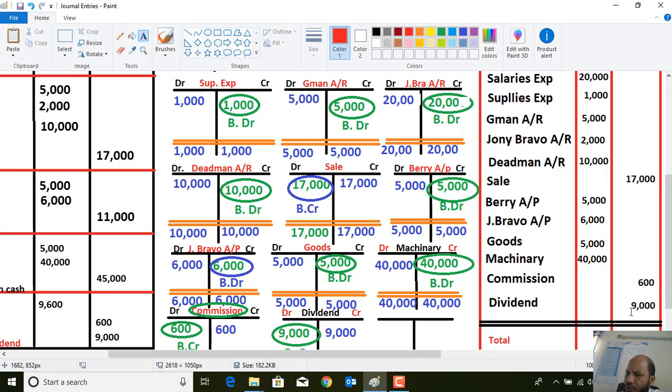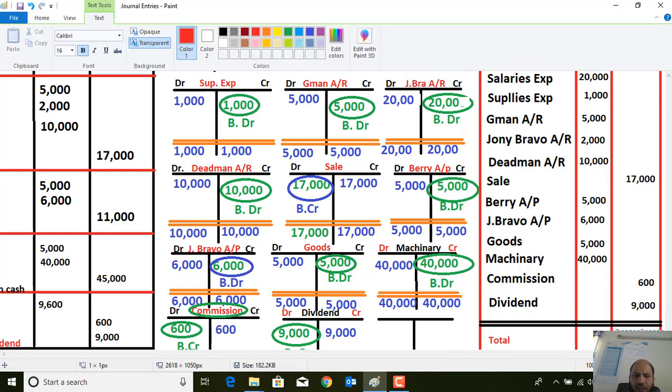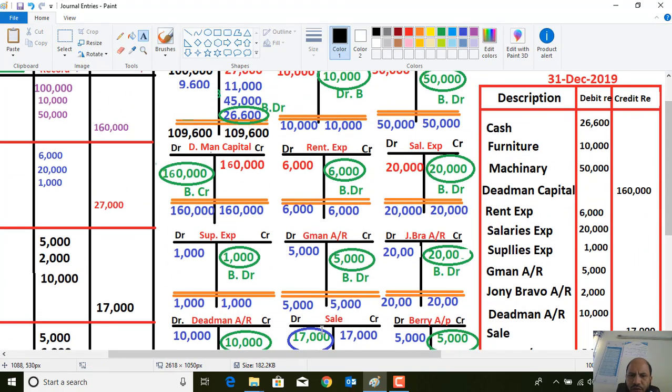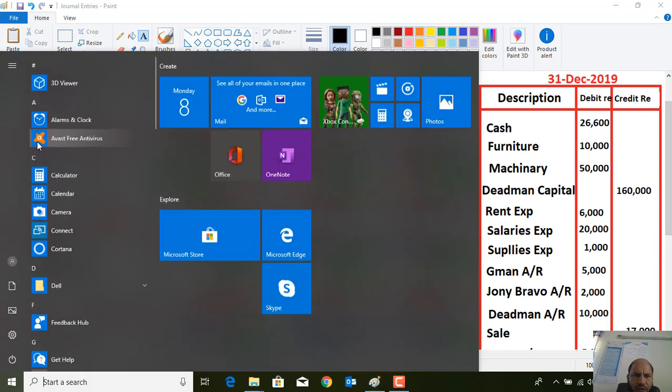So this is equal to 1,86,600. If we add all of these, it is equal to 1,86,000 and then 600. This is the amount of the balance. So this side should be equal to 1,86,600. So let's use the calculator.